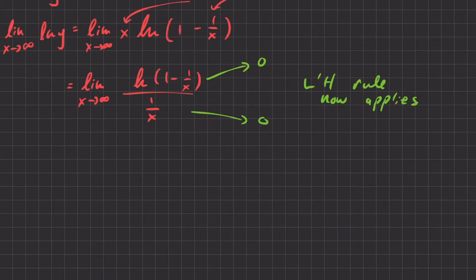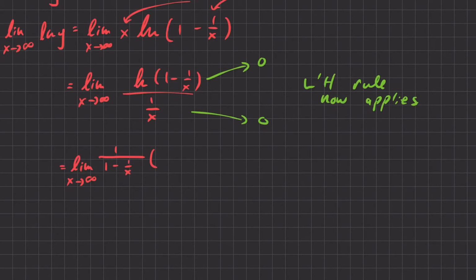So all we have to do next is take the derivative of the top and bottom. So I'll still keep my limit. It's still the limit as x approaches infinity. Well, the derivative of ln of 1 minus 1 over x is going to be 1 over 1 minus 1 over x multiplied by the derivative of the inside.